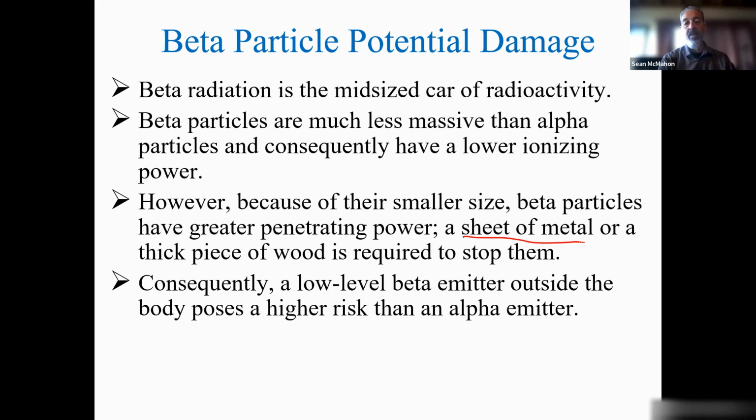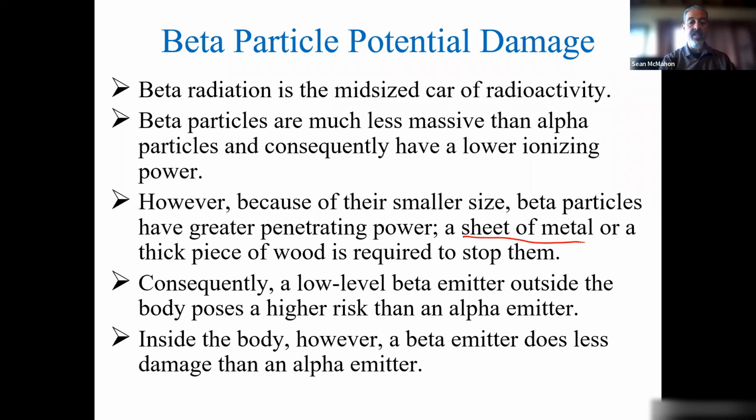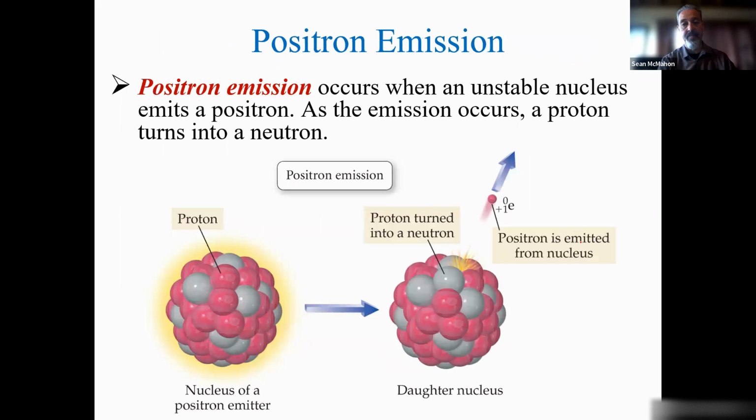So low-level beta emitters outside the body pose a higher risk than an alpha emitter. Inside the body, they have a lower risk. Why? They're not that Mack truck just slamming into things and ionizing them. They're less of an ionizing power. So they have more of a penetrating potential, but less ionizing power.